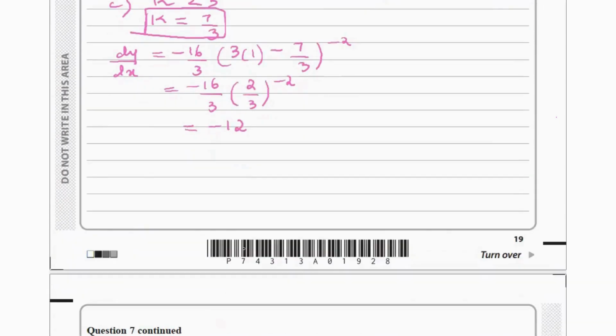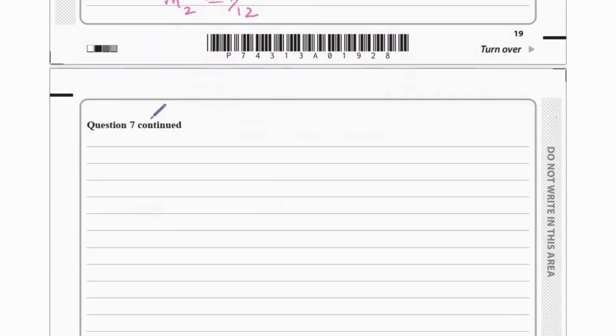Since it's a normal, that means we do m1 times m2 equals negative 1, because the normal and the curve are at right angles to each other. So negative 12 times m2 equals negative 1. m2 equals 1 over 12. For the y value, we put x equals 1 into the original function.